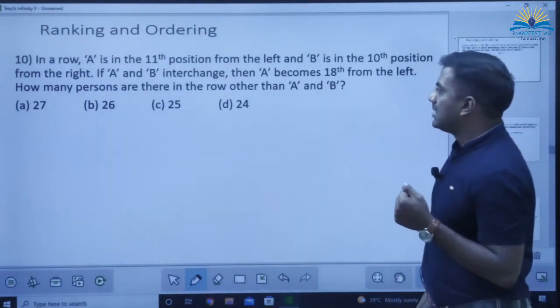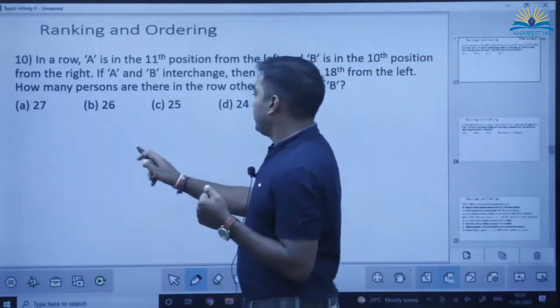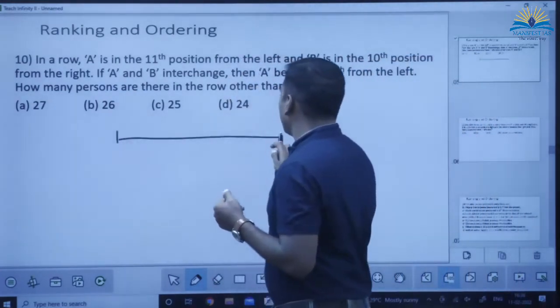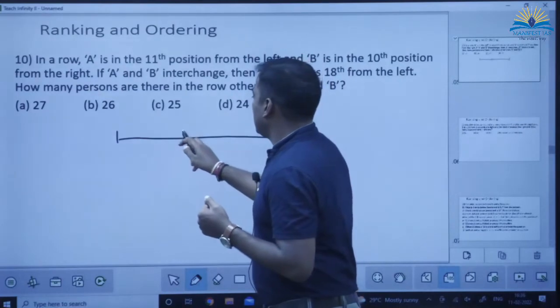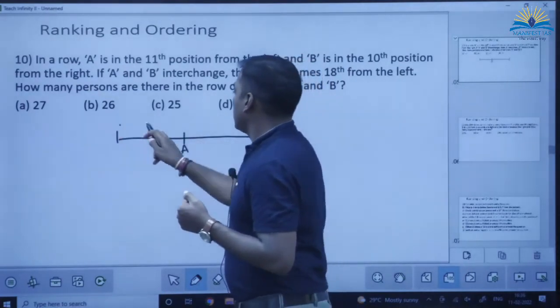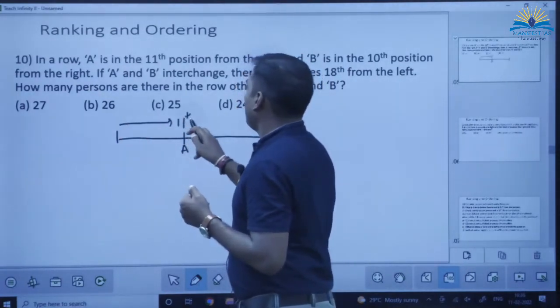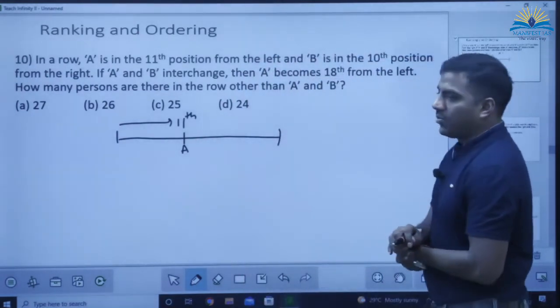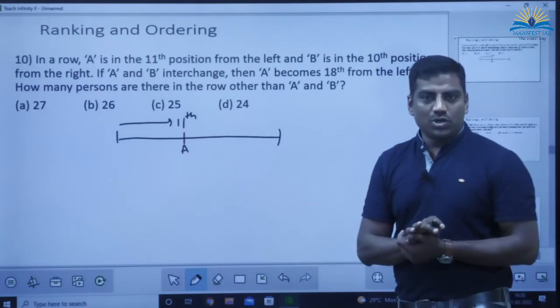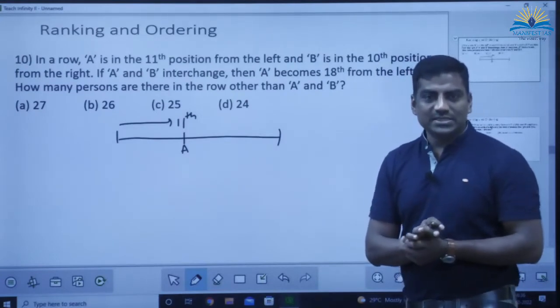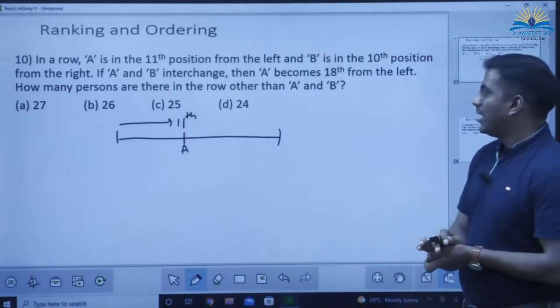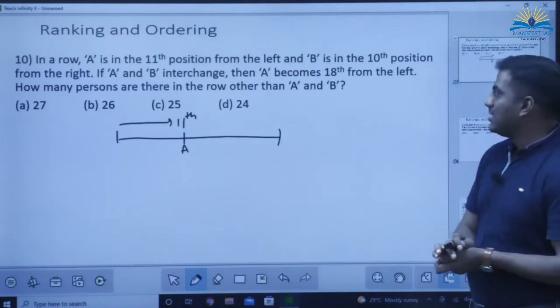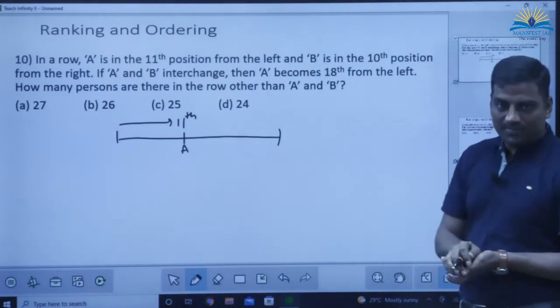In a row, A is 11th from left and B is 10th position from right. Again, we are in a dilemma. Where to put? Already we have gone to the next sentence. If A and B interchange their positions, then A becomes 18th.